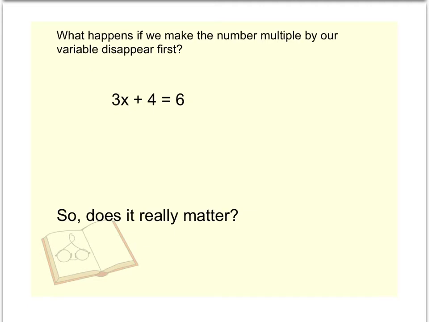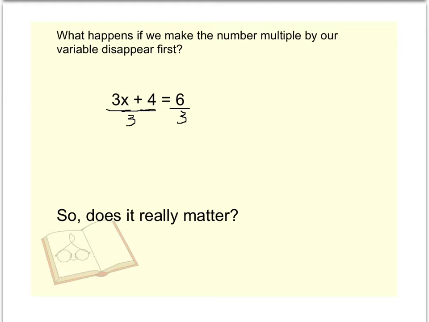Now let's look at another way to solve this problem. What if, instead of subtracting 4 from each side, we divide by 3 first? Instead of working our way back up PEMDAS, we'll do it like we're working our way down. Well, in this case, we're going to have to divide both sides by 3.